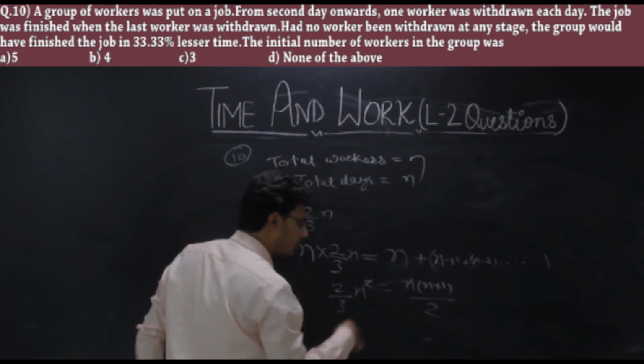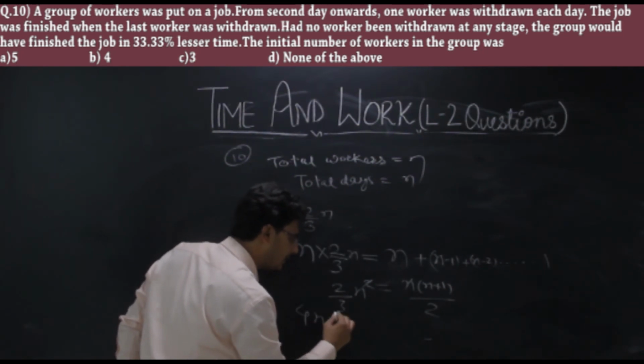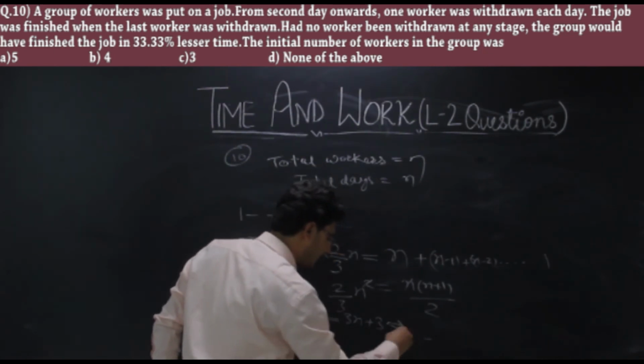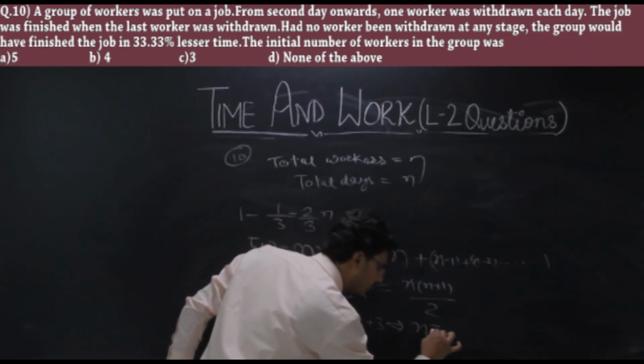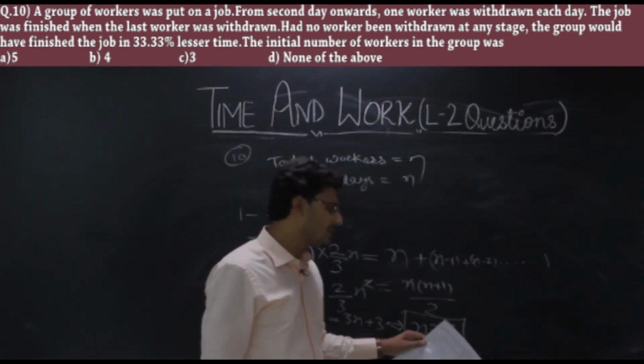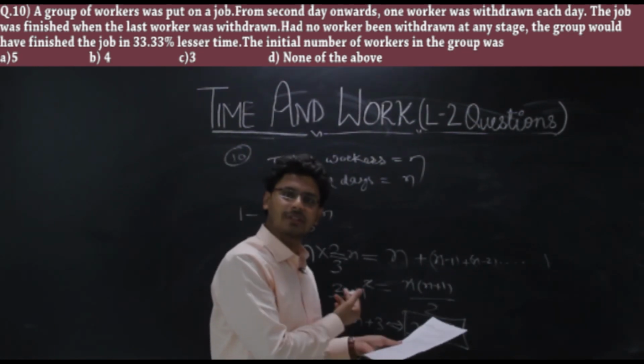So if I go on to solve this, what I'll get is 4n is equal to 3n plus 3. So that implies 4n minus 3n, n is equal to 3. So the correct answer for this question is n equal to 3, that is option C. You can also solve this question using options in the reverse manner.